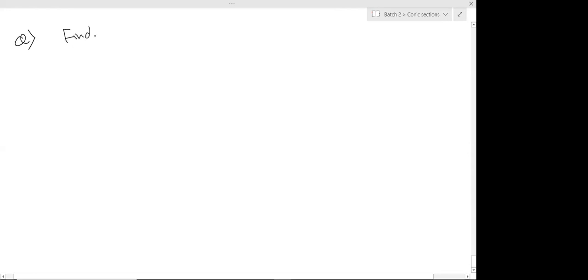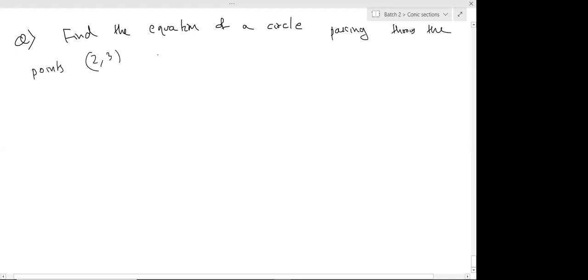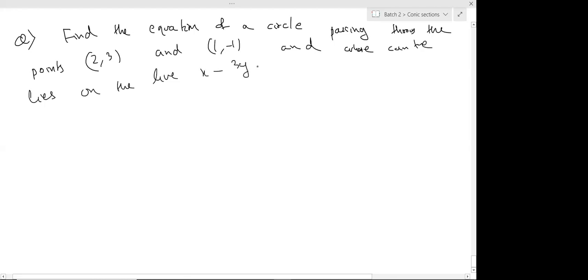Find the equation of the circle passing through the points (2, 3) and (1, -1), and whose center lies on the line x minus 3y minus 11 equals 0. Okay, try to solve this.